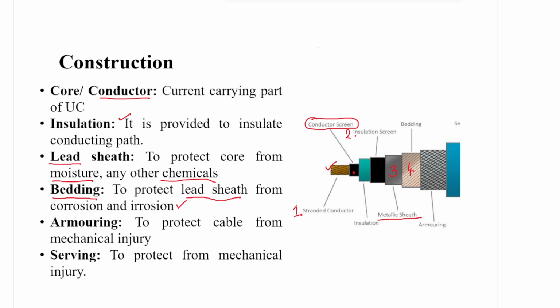We have two more layers: armoring, which is our fifth layer, and the last layer, called serving. These two layers are provided to protect the cable from mechanical injury.